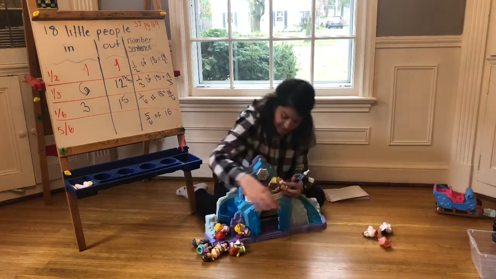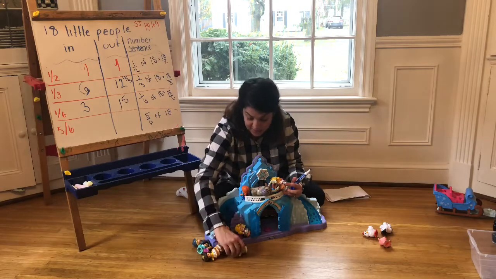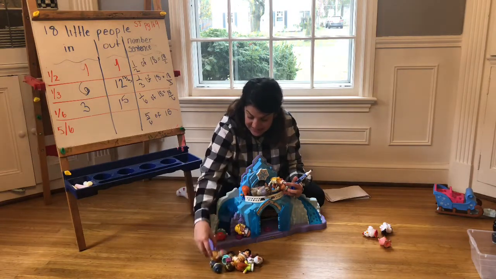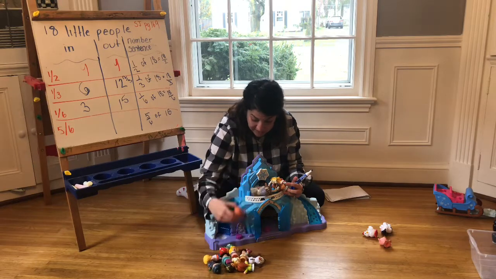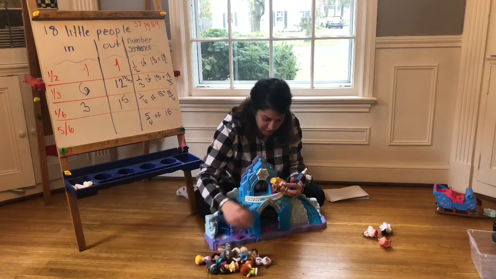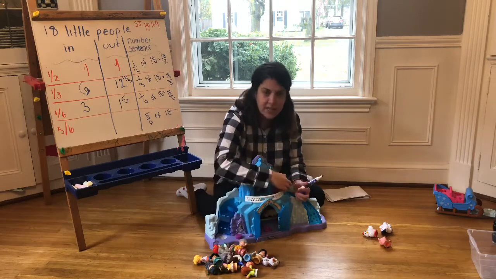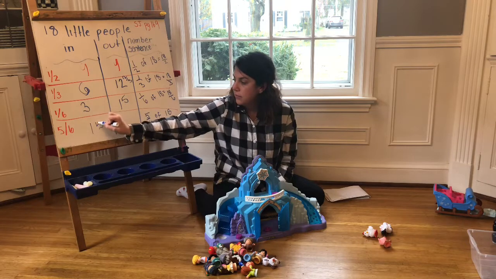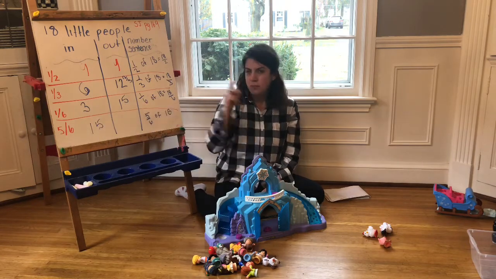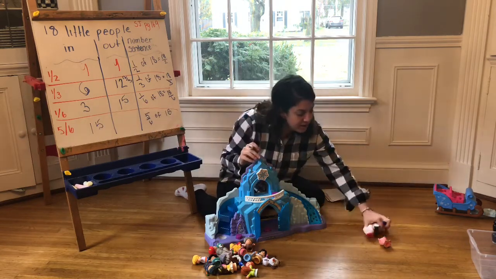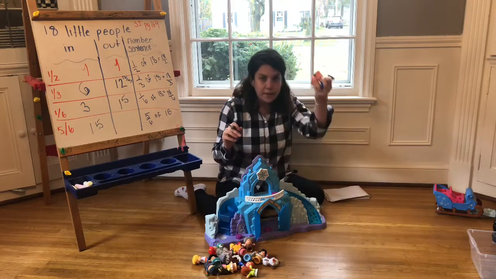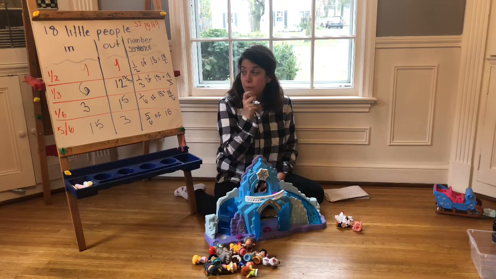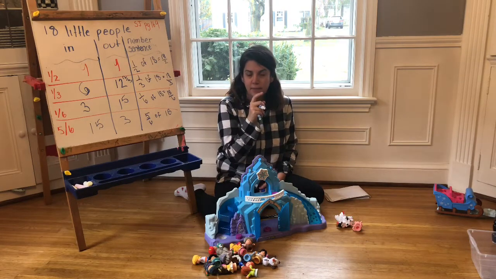So how many do I have in Elsa's castle, or trying to be in Elsa's castle? 1, 2, 3, 4, 5, 6, 7, 8, 9, 10, 11, 12, 13, 14, 15. Interesting. I'm wondering if you're able to see a pattern. And there are 3 that are out. So I'm hoping you're seeing a little bit of a pattern there.